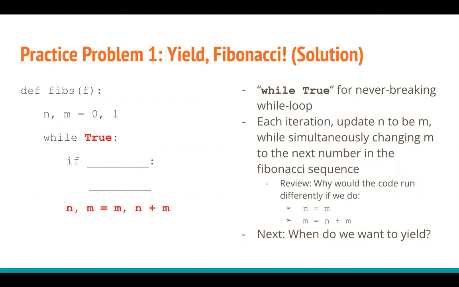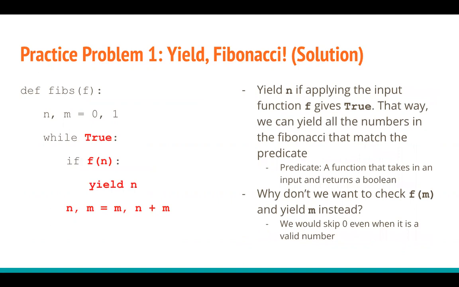But now we want to figure out what we want to yield and when. If we recall from the instructions, we only want to yield n if applying the input function f gives true. That way we're only going to yield the numbers in the Fibonacci sequence that actually match the predicate. So that's why we fill in if f of n, which is shorthand for f of n equals true.